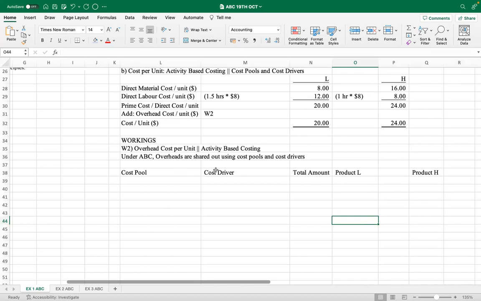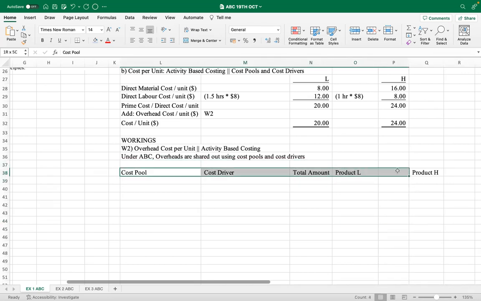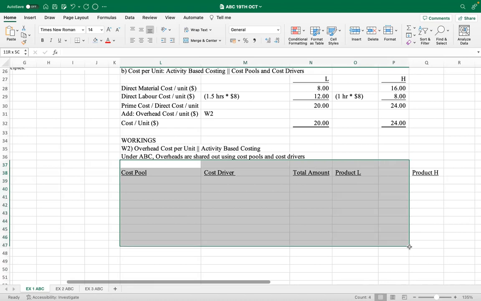Here you'll need to be very careful and attentive so that we get the difference.